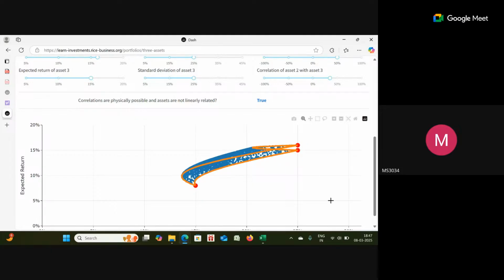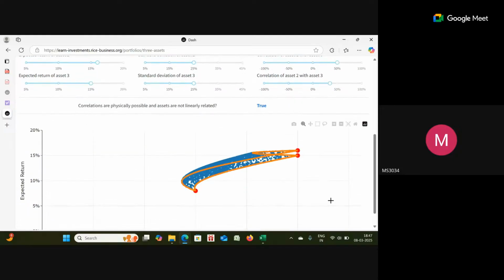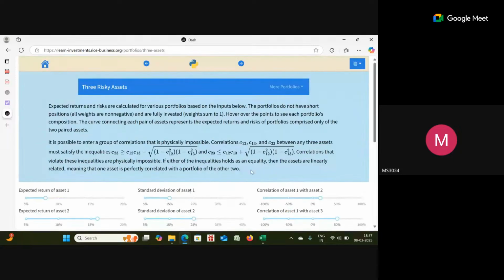If you allow short selling, you will see it will not go through asset one either. It is not necessary that your minimum variance set passes through the original assets. It will be the leftmost part of all the feasible portfolios which are available to you.